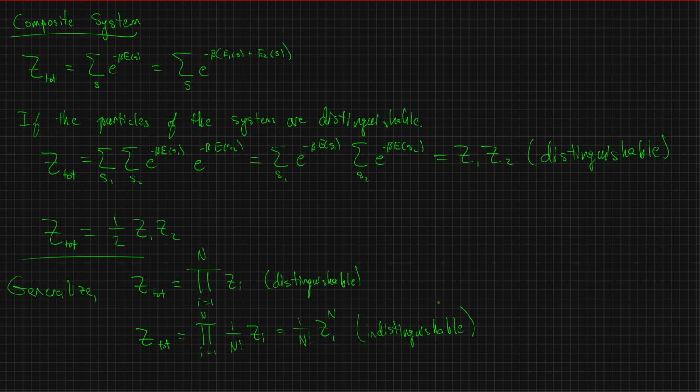Cool. So those were just some quick things we needed to show before we talk about the ideal gas again, because we're going to break up the ideal gas into its translational degrees of freedom and its internal degrees of freedom. And we're going to use this property right here. Just a bit of terminology that Schroeder wanted to make clear: in his book, when he's using S, this refers to the system state.